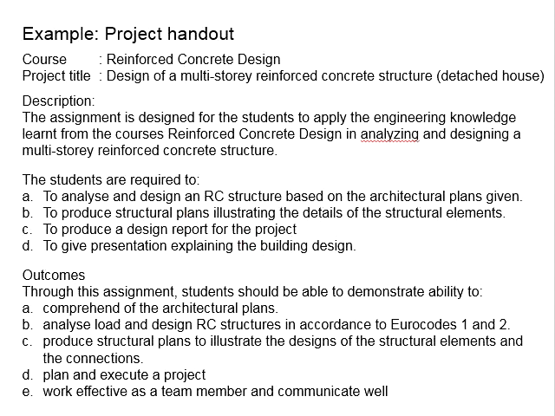This outlines the 4 major steps in your assignment. First, interpreting the architectural plans, where you need to analyze and design it. And then you need to produce structural plans, which are typically produced by engineers in the industry. And you need to produce a design report for the project and also give oral presentations explaining your design.